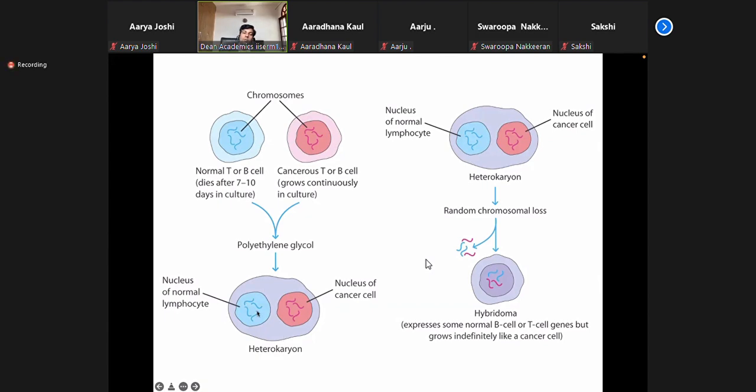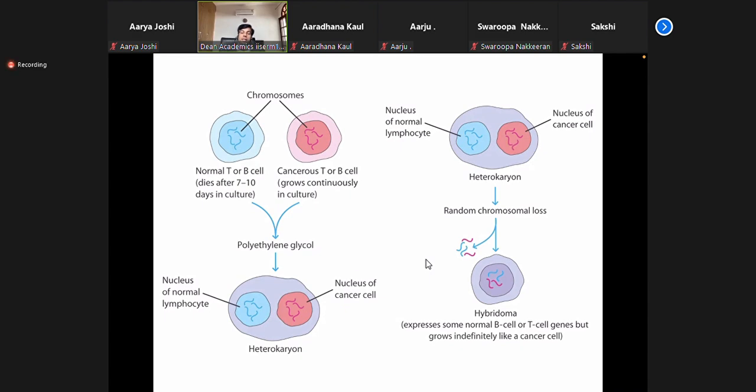Whatever nuclear content you have, coming from either the primary cell or the cancer cell, is going to fuse then. At this stage, you call it a heterokaryon, where the cell membrane is fused but you have these two nuclei. Eventually, you are going to get nuclear fusion as well.